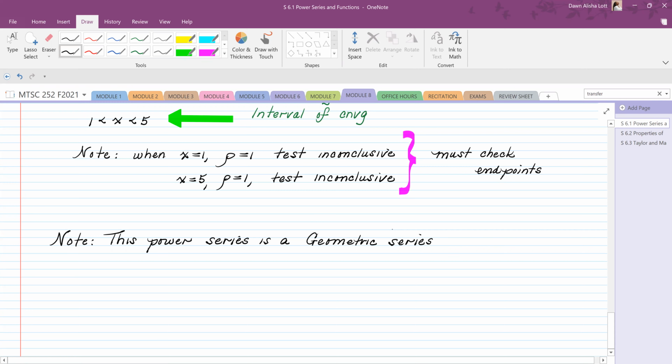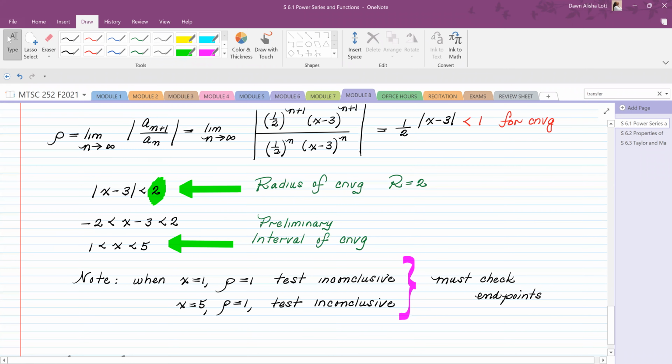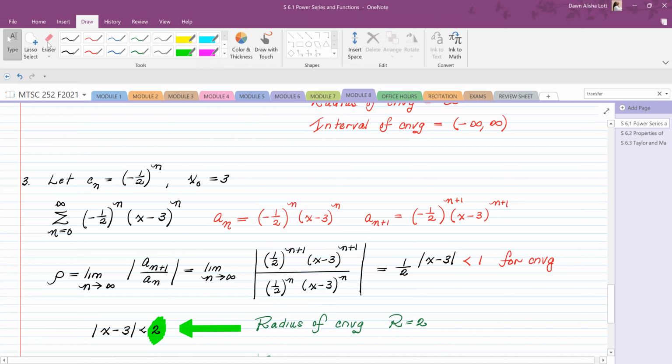So let's see what it looks like. Aha, let's bring it back. So let's take this. This is a geometric series.